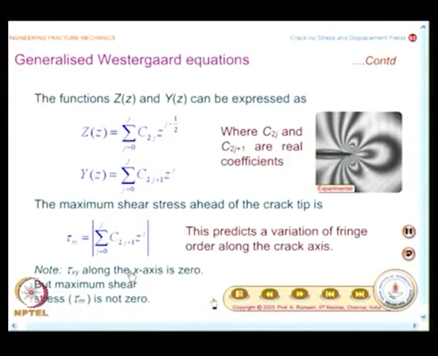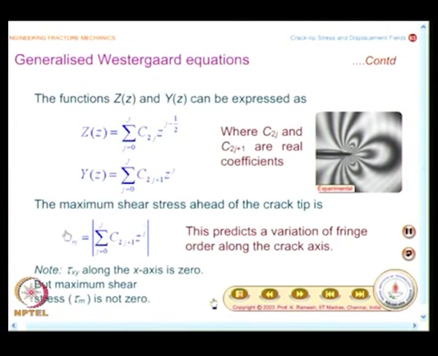So, if you have the stress functions defined in this fashion, and also simultaneously take capital Z as well as capital Y, Sanford was able to show the expression for maximum shear stress turns out to be like this, with sigma j equal to 0 to capital J, C 2 j plus 1 z power j.